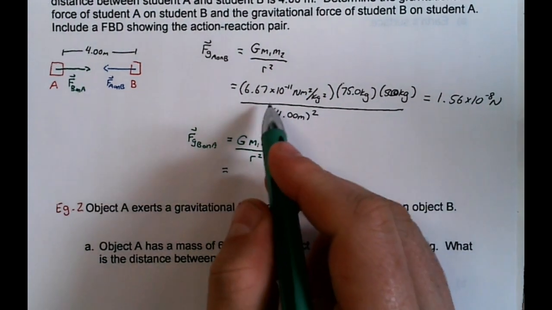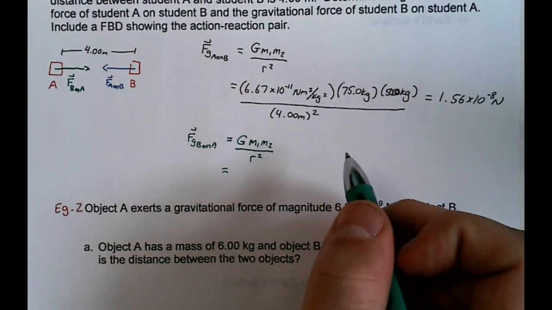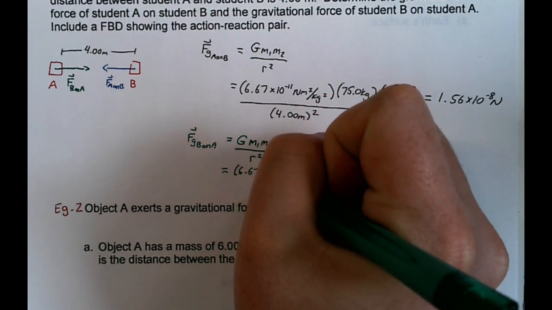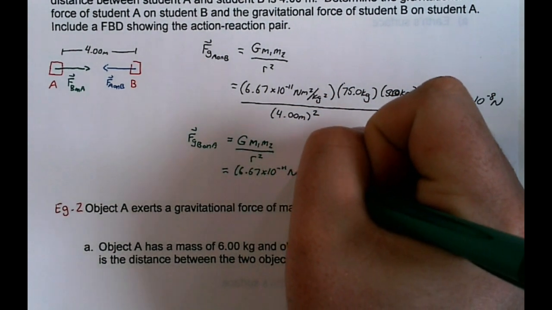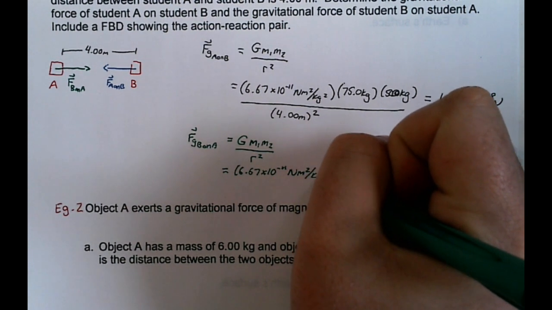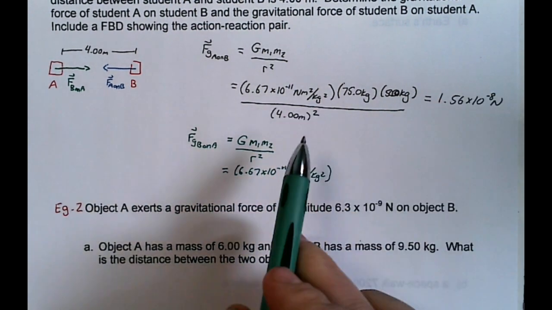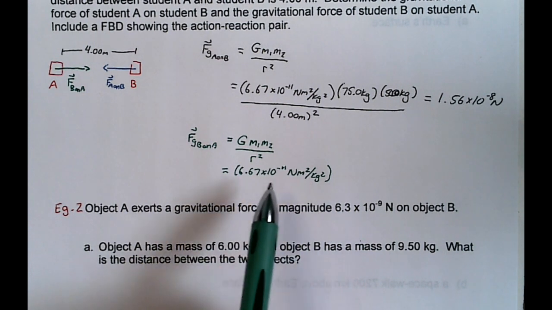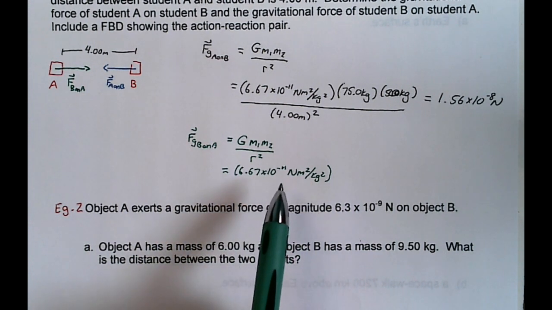So we have all that information. Again, this G is the gravitational constant, which is 6.67 times 10 to the negative 11 Newton meters squared per kilogram squared. Again, this is on your formula sheet. You may need to look it up there, but I'm guessing you're going to have it memorized by the end of these notes.